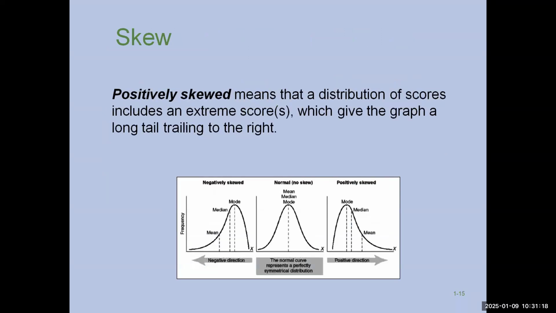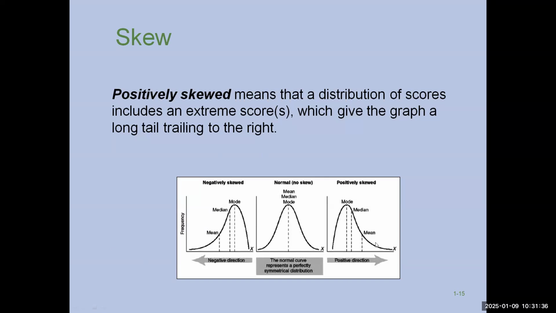And we always look at a positively skewed distribution, that is a distribution of scores that includes extreme scores, which give the graph a long tail to the right.